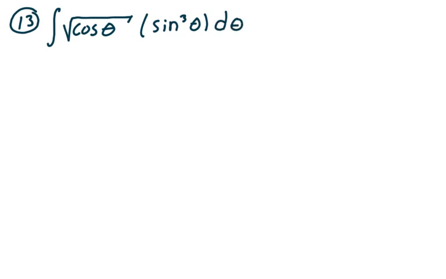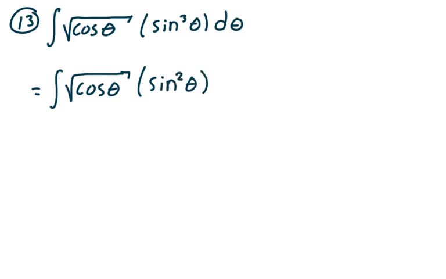The power of the sine is odd, and so I need to save a sine of theta. So what I'm going to do is write the integral of the square root of cosine theta times sine squared theta times sine of theta d theta.